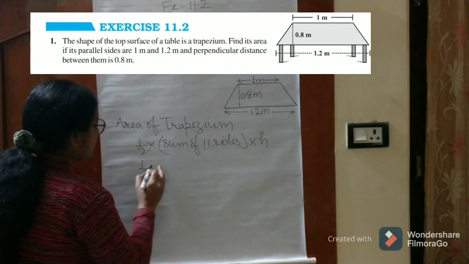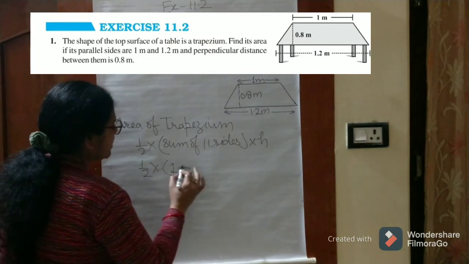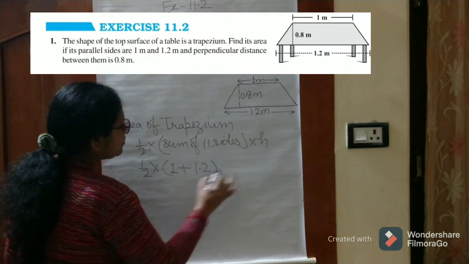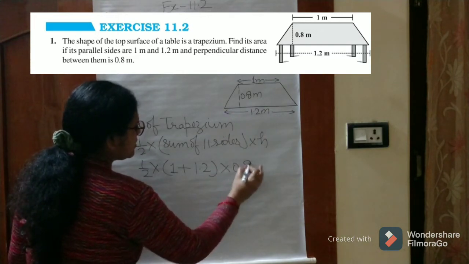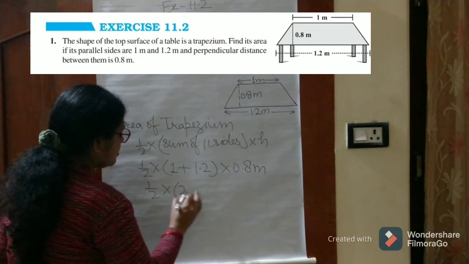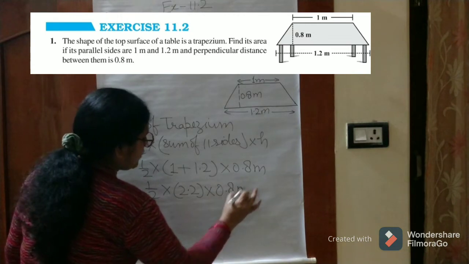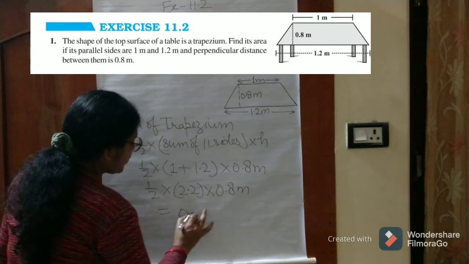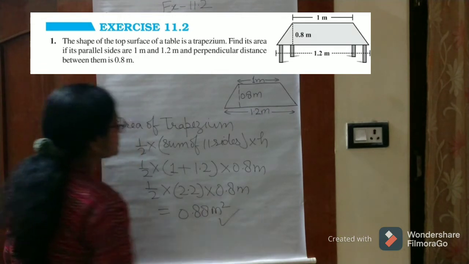So 1 by 2 into, within the bracket, 1 plus 1.2, into height. Height is 0.8 meter. So when it will be calculated, you will get 0.88 meter square. So this is the answer of the first question.